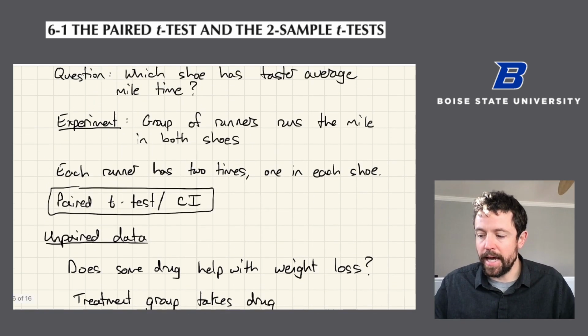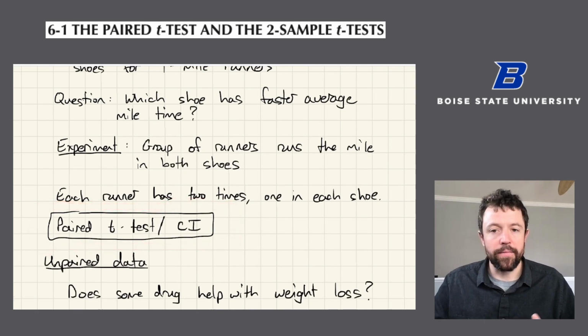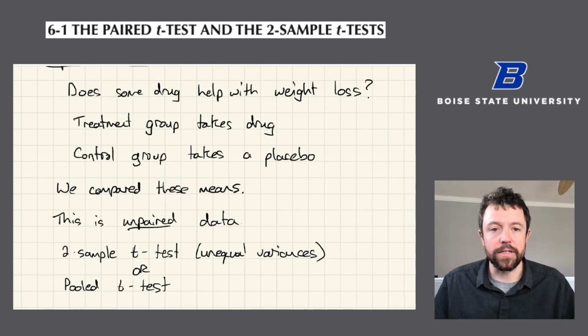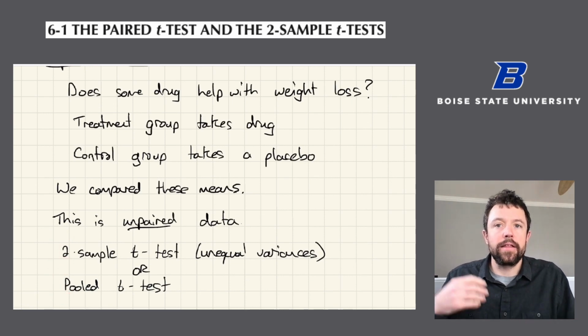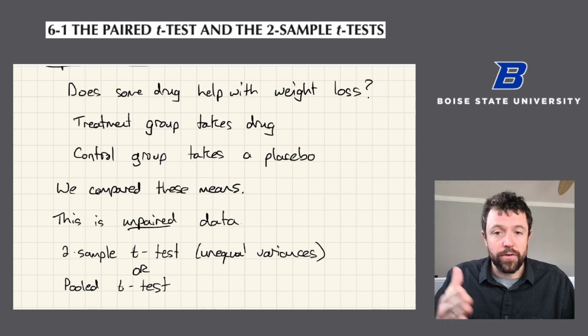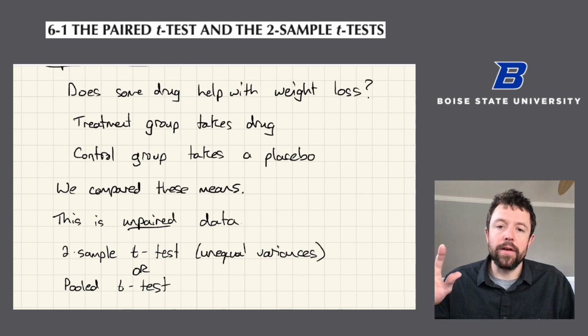If someone tells me, hey, do a paired t-test, do a paired t-confidence interval, how do you actually do it? Or if someone tells you to do a two sample t-test or a pooled t-confidence interval, how do I actually do that? The secondary, very important question of which procedure to choose if you're not told, again, important, but I would recommend not focusing on that too much in this section.